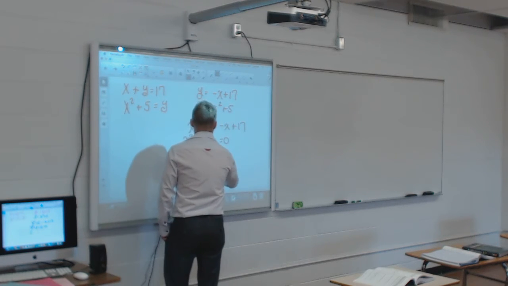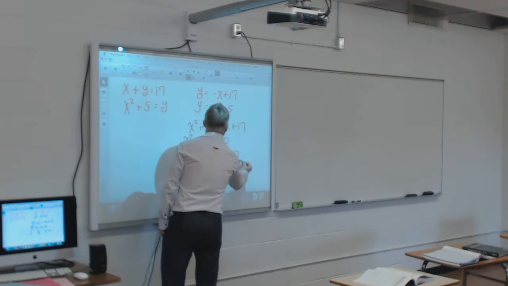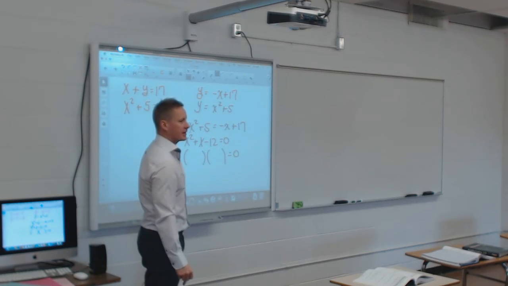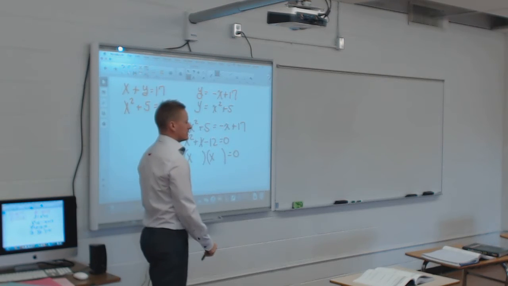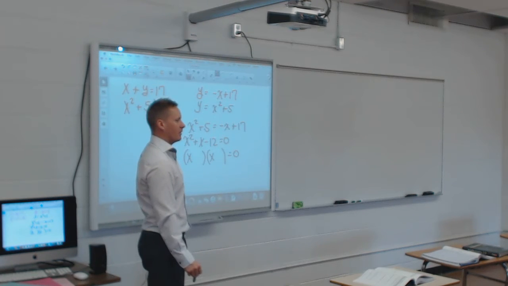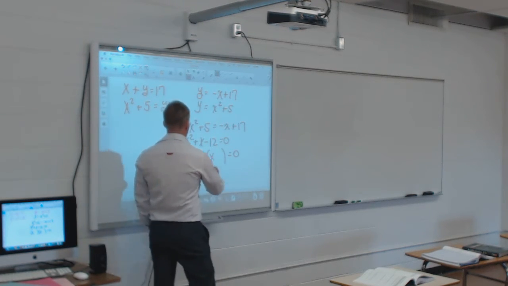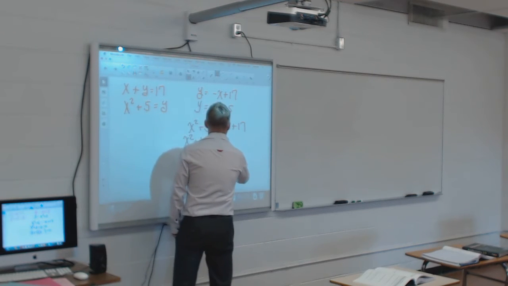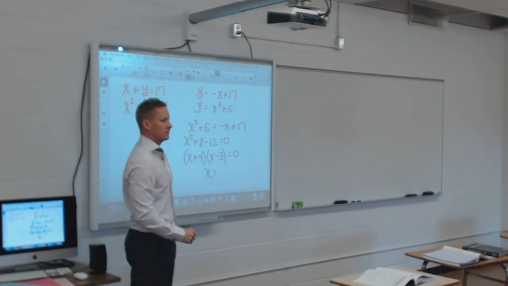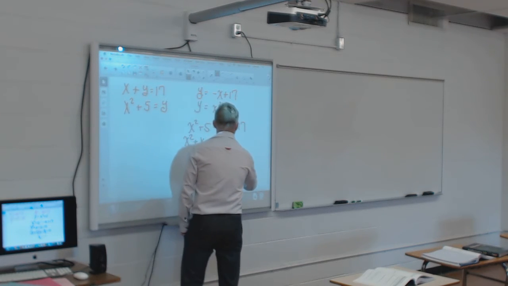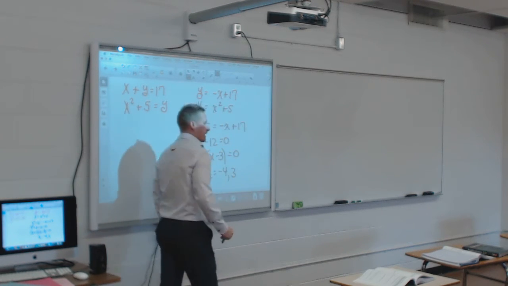Okay. Two sets of brackets. Factors of x squared: x and x. Factors of negative 12 that add to give me 1: positive 4 and -3. Therefore, x is equal to -4 and positive 3. Now remember, those are the x solutions.